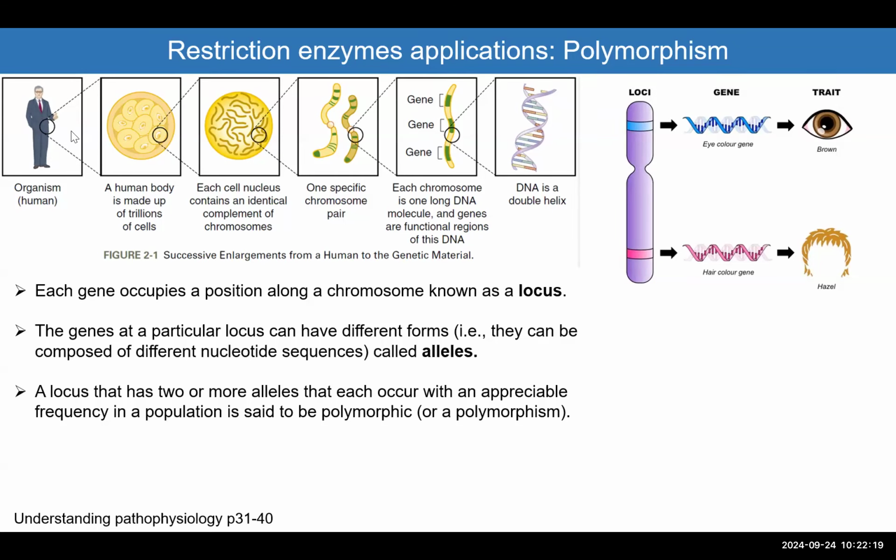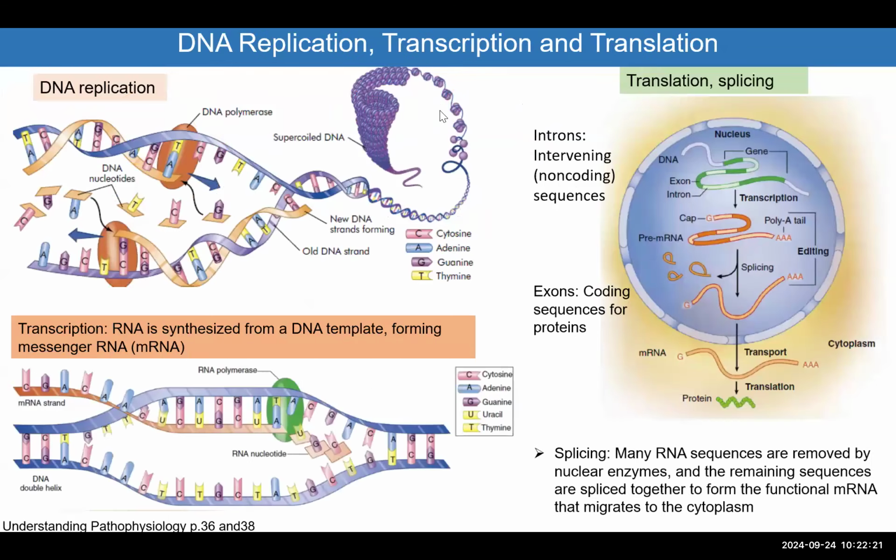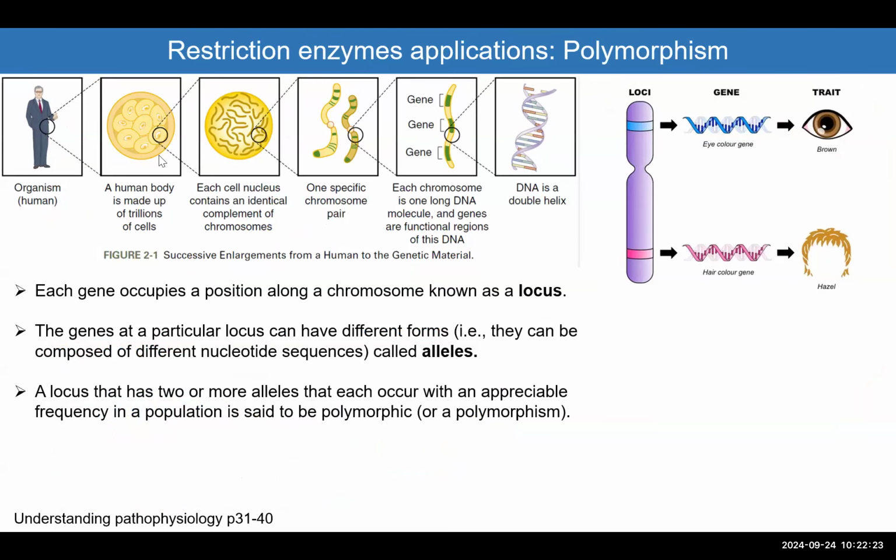If we look at the DNA that we see here supercoiled in the cells, it is divided into 46 chromosomes: 22 pairs of autosomes, and the sex chromosomes, the X and Y, XX in females and XY in males.